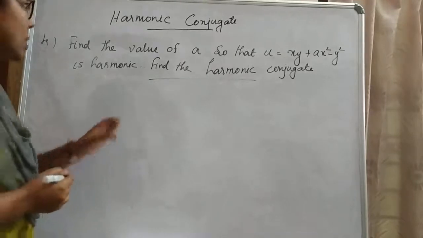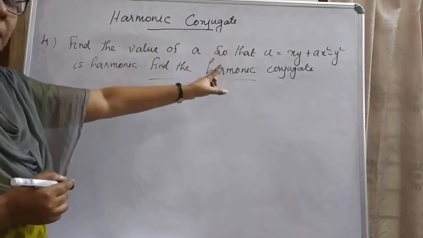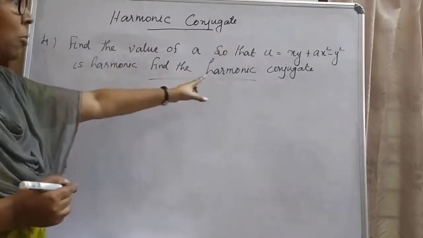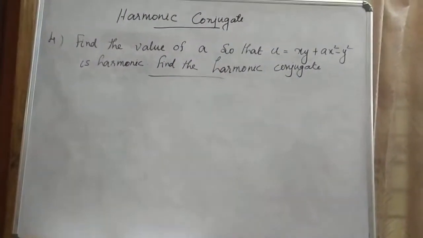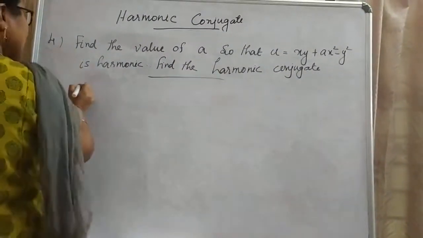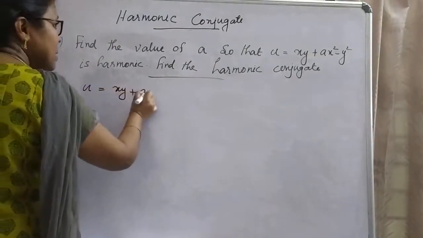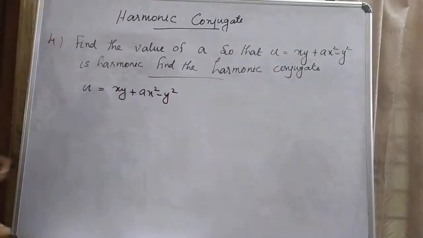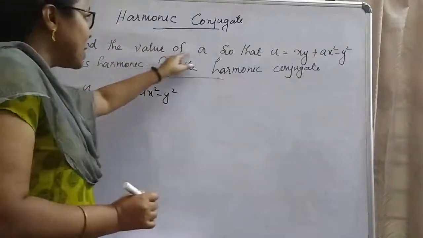Next question is, find the value of a so that u equal to xy plus ax square minus y square is harmonic. Find the harmonic conjugate. Here first we have to prove that. Here u is given. U is xy plus ax square minus y square. Given that it is harmonic, so we have to find the value of a.